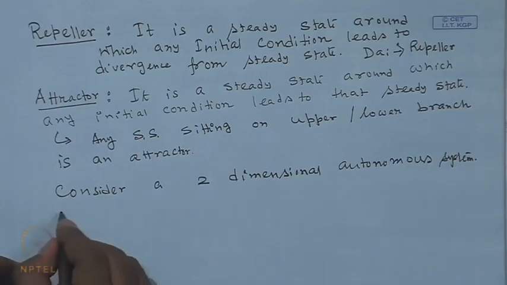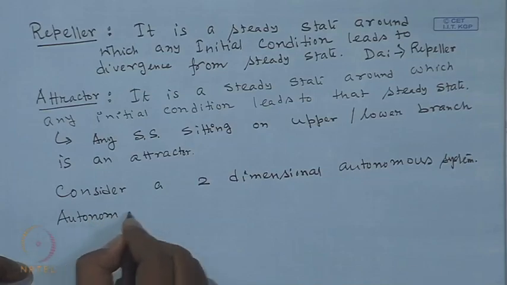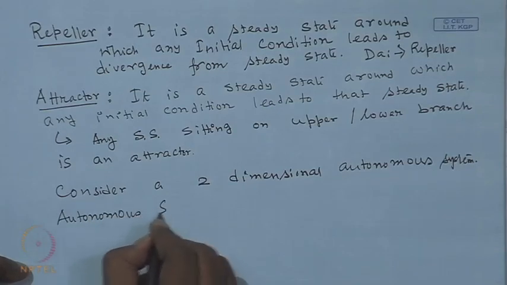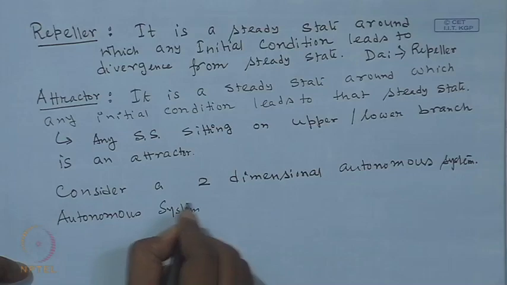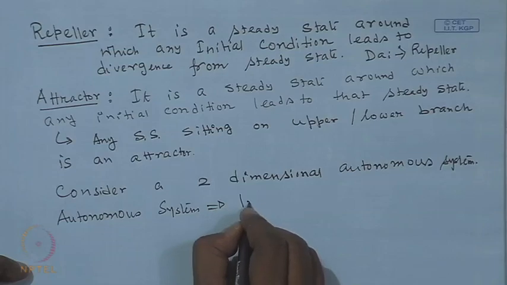Autonomous system means the independent variable does not appear explicitly.